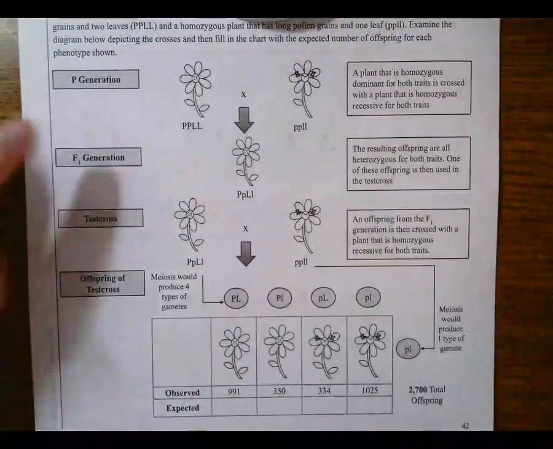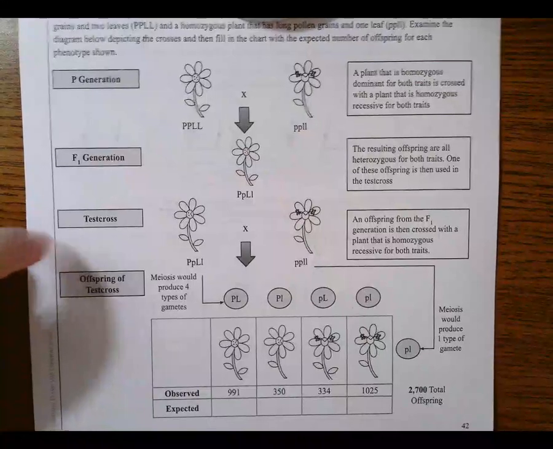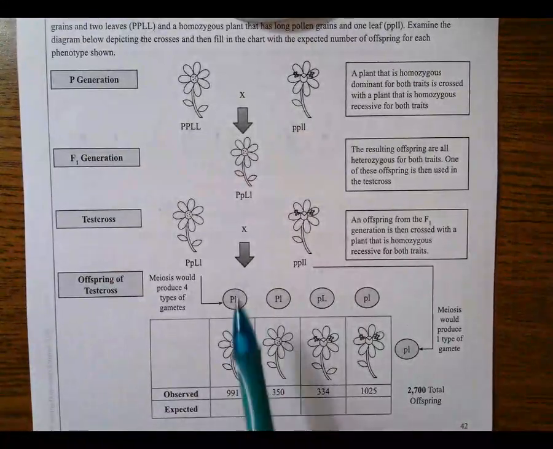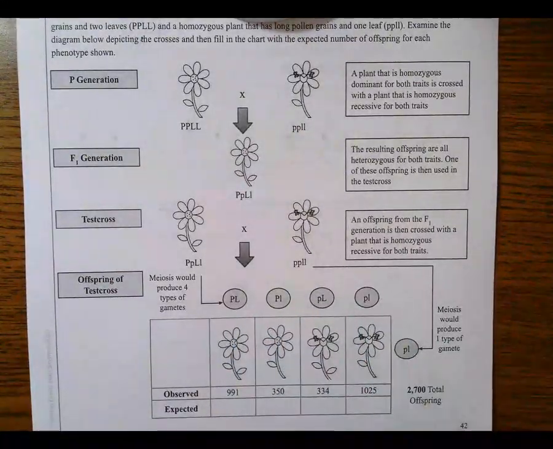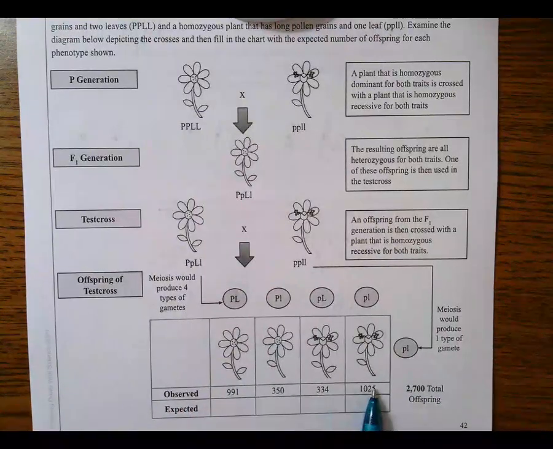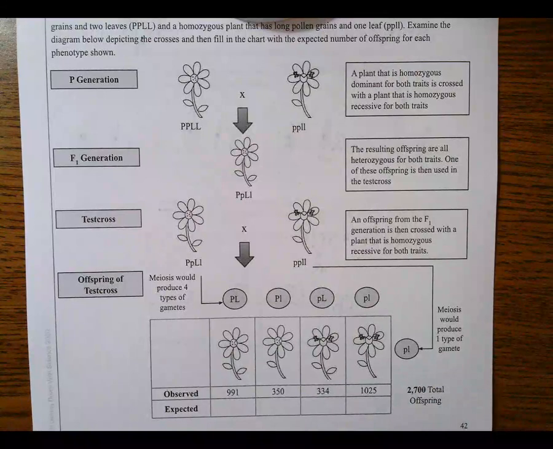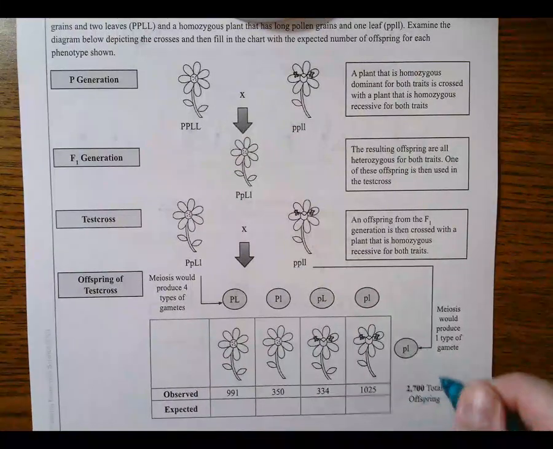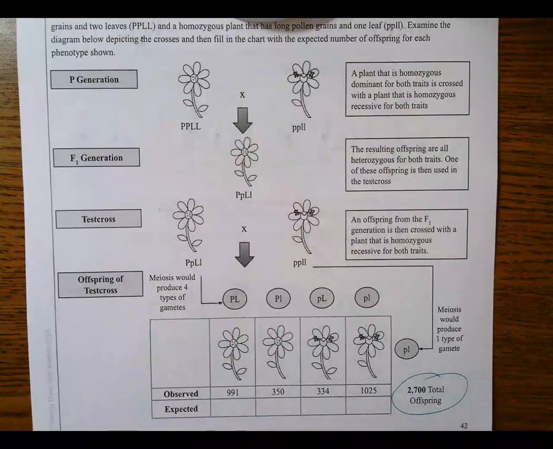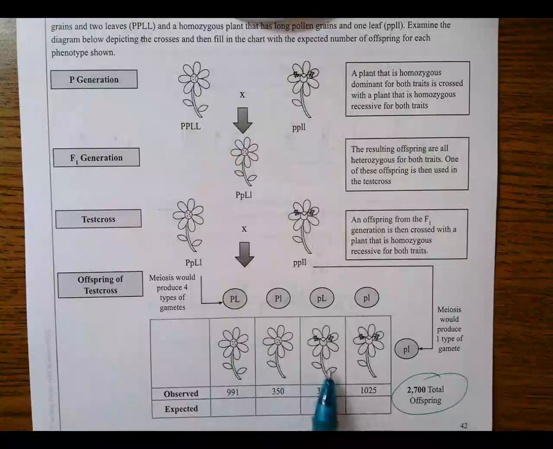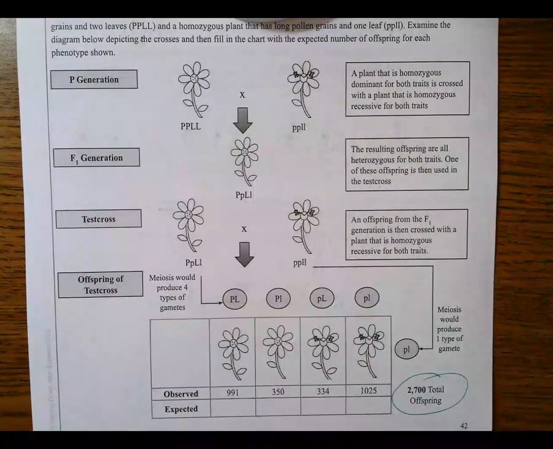We've got our P generation, our F1, and then we do a test cross right here. And we've got our genotypes there. And they already gave us the observed numbers for this cross. And then our total is 2,700 total, okay? So our expected value here would be if all of these categories had equal numbers of individuals.